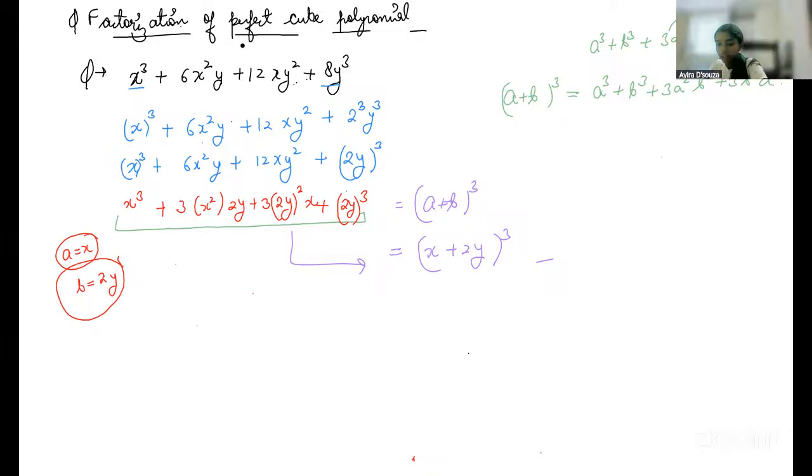So whenever we get a question like this, it will be either a plus b whole cube or a minus b whole cube, right? But you have to check it. So I checked this and found that this looks like a cube and this looks like b cube. And then I have to do the middle term splitting part also. That's why.